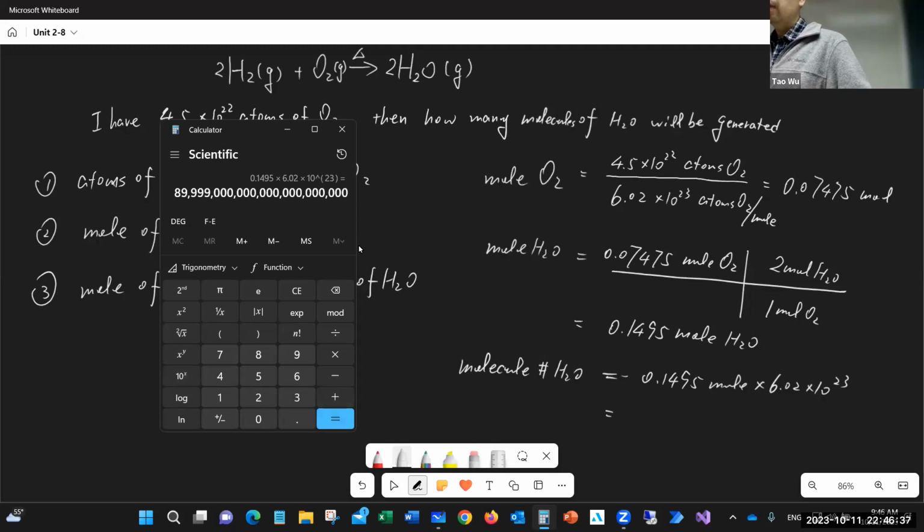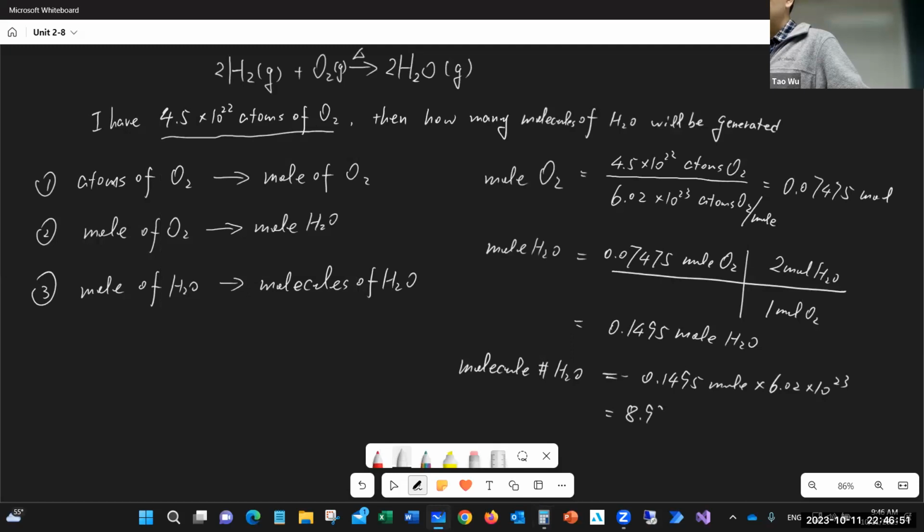And that's going to be 8.9999 times 10 to the 22nd, times 10 to the 20th. So if you're looking at the question, it gave you 2 sig figs. So the answer will keep 2 sig figs. The answer will be 9.0 times 10 to the 20. And this is how many water molecules.